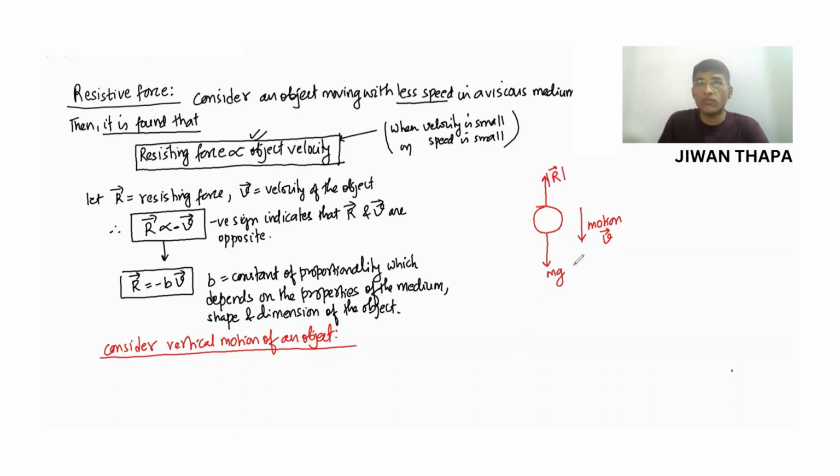Let us take this sign convention: downward direction as positive y and upward direction as negative y. This is simply a sign convention.